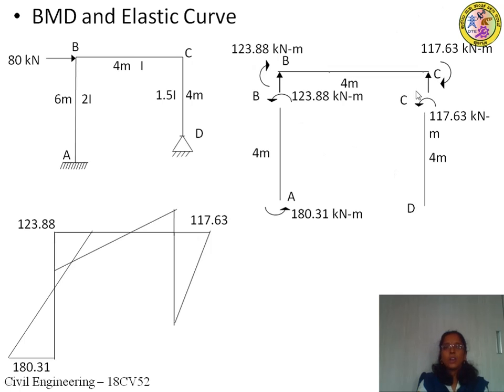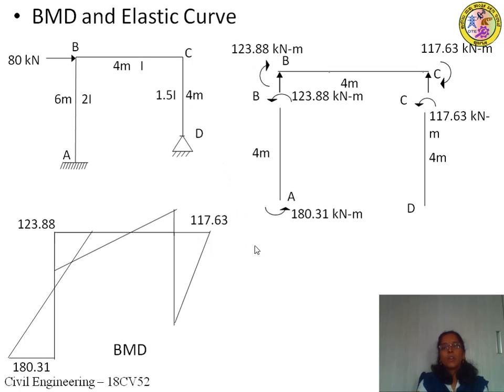Since in this frame there are no member loads acting on any of the members, there will not be any free bending moment diagram. Therefore the support moment diagram itself will be the final bending moment diagram. So this is the final bending moment diagram for the given frame, okay.